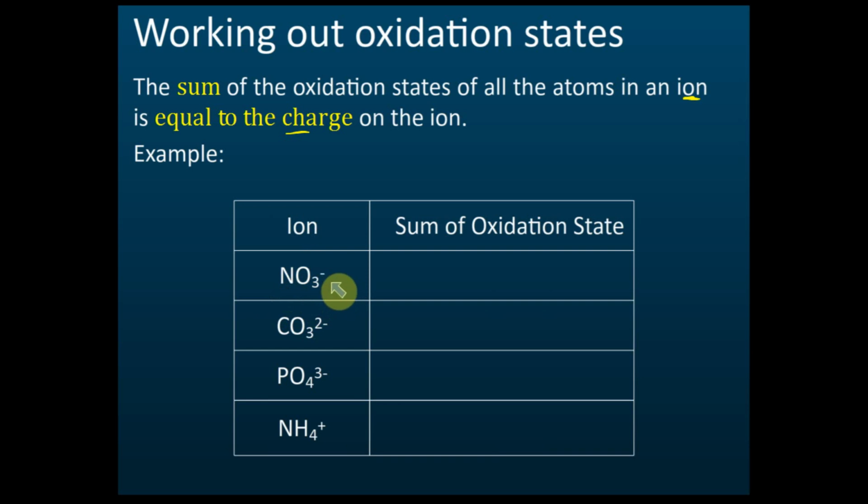Negative 1, that's correct, because the charge is -1. Carbonate, -2, because the charge is -2. Phosphate, -3, right? And ammonium, +1.